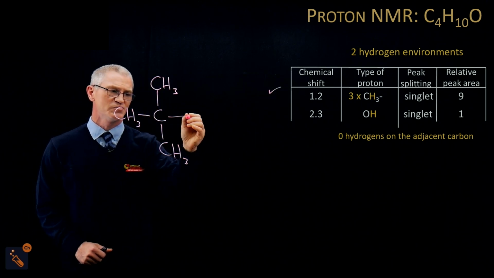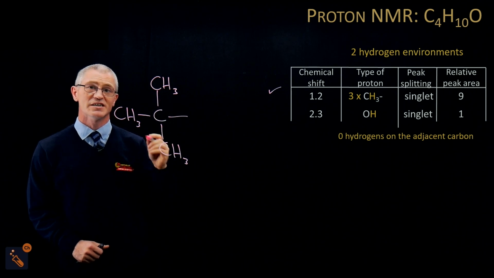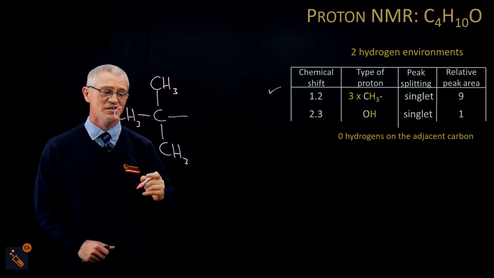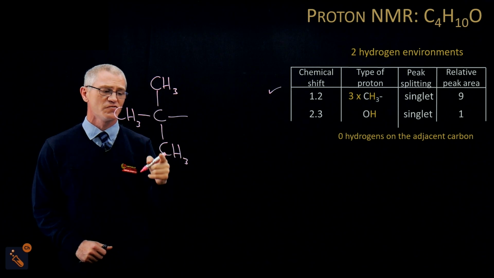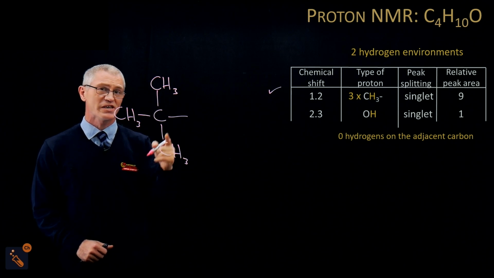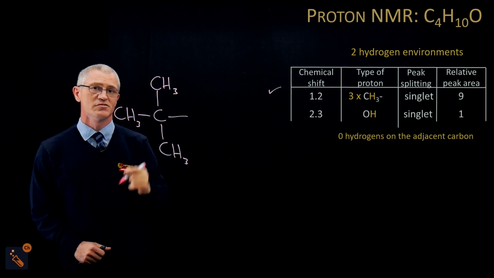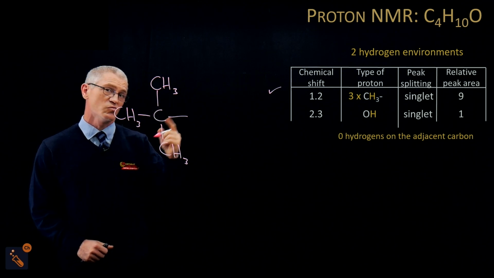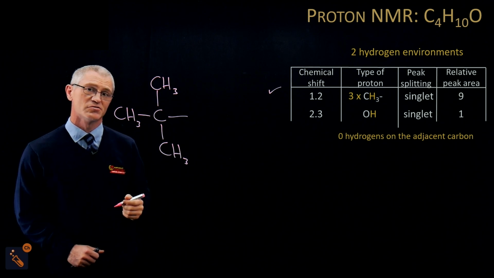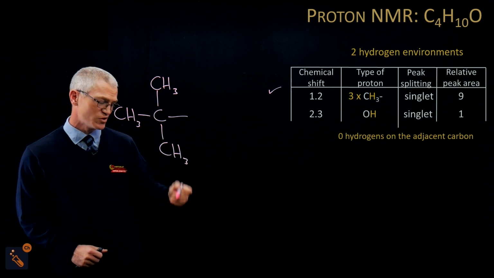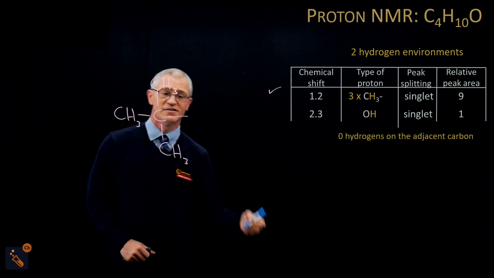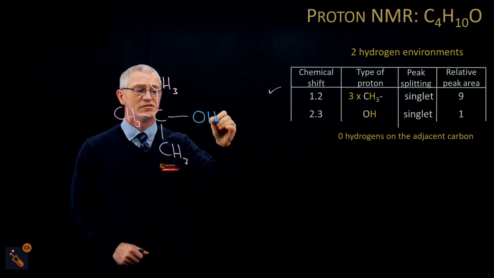We know that is bonded to something else. Now, a good thing is to count. We've got C4H10, so we've got 1, 2, 3, 4. So we've accounted for all our carbons. 3, 6, 9. We've still got 1 hydrogen left, and we know we've got an OH. Well, the only way in which that can connect together is if I put the OH there.